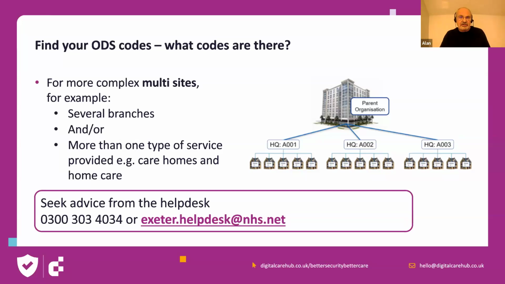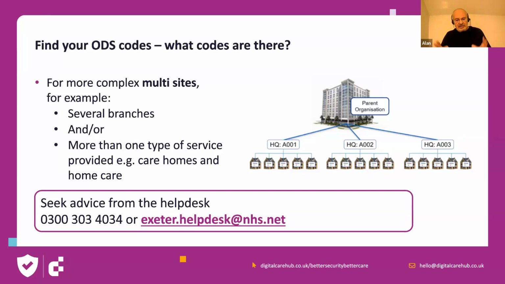So in that instance, if you are a larger, complex, multi-site organisation, then we would suggest that you seek advice from the help desk, either by calling the number that's on the slide there, or by contacting the Exeter Help Desk on the email address that's also on the slide there.